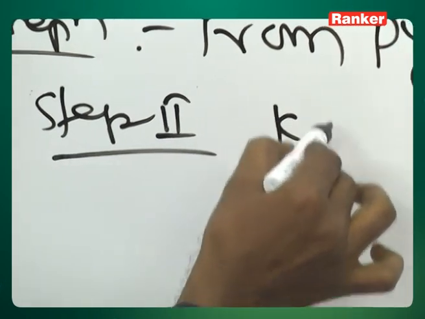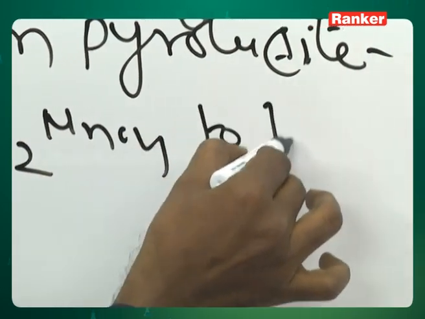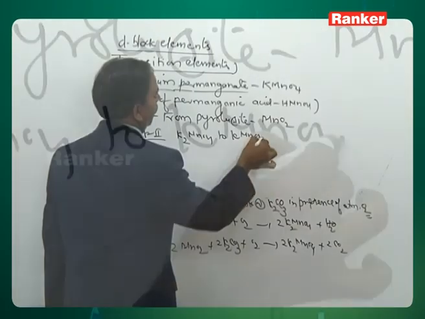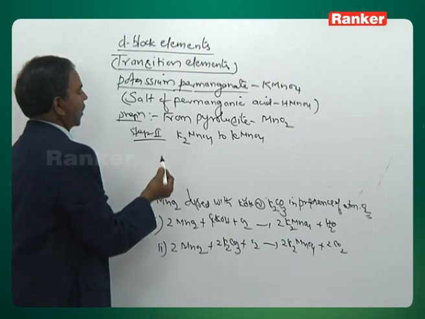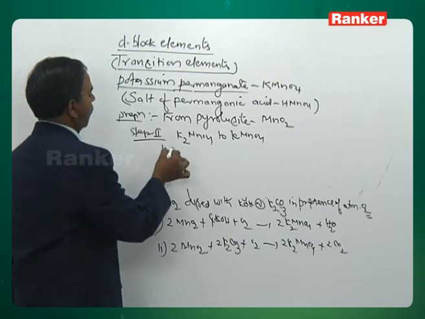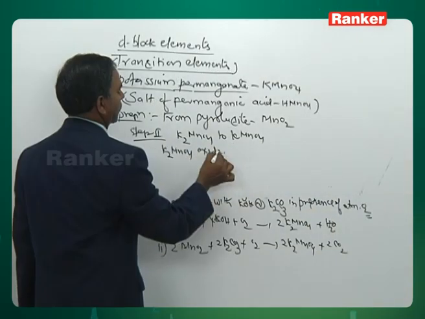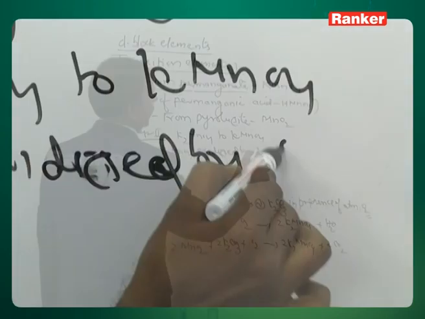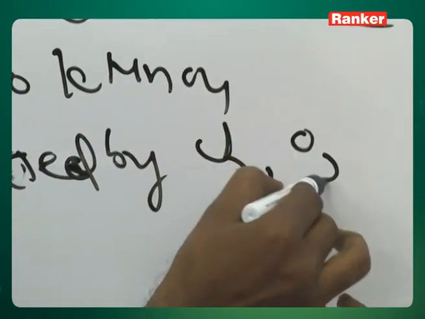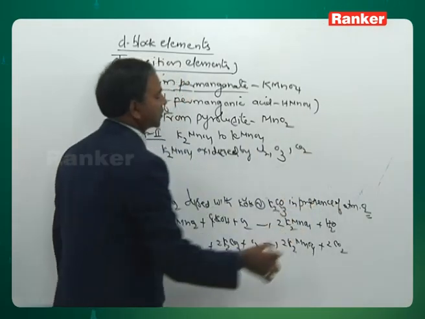Now, potassium manganate, K2MnO4, to potassium permanganate. Potassium manganate is oxidized by either chlorine, ozone or carbon dioxide.